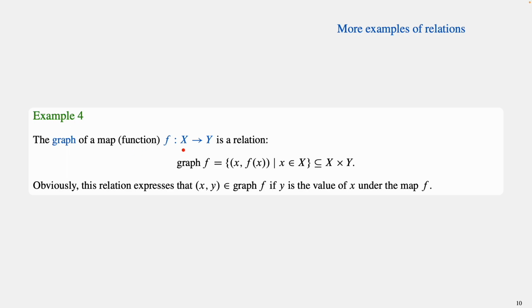If we have a map f from a set X to a set Y, then this graph is in fact a relation on the set X times Y. The graph of f was defined as the set of pairs (x, f(x)), so x taken from the set big X, and f of x takes its values in the set big Y. And this relation obviously expresses that a pair (x, y) is contained in the graph of f if y is the value of x under the map f.